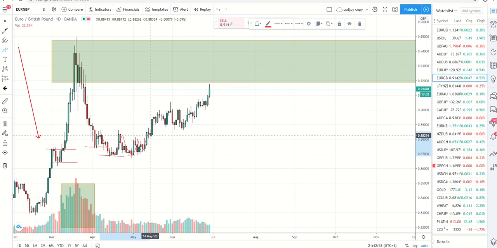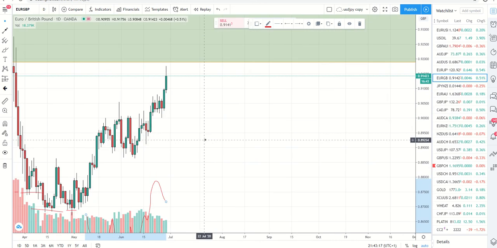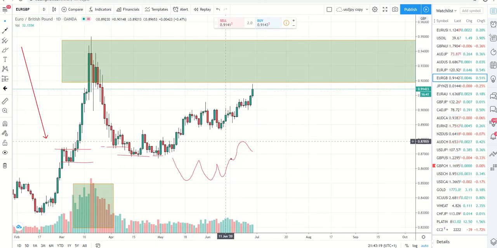We've gone up, we've pulled back, we've gone up, we've pulled back. Suddenly, there's a change in the market. We've had that rounding bottom, and we've started to actually make higher highs and higher lows. So we can see what's going on.